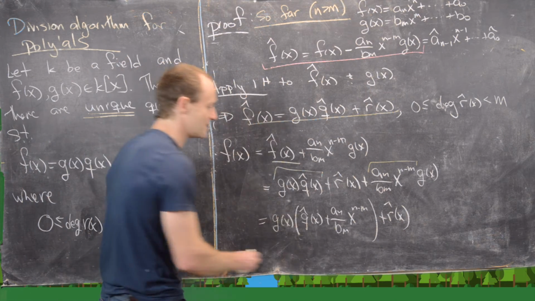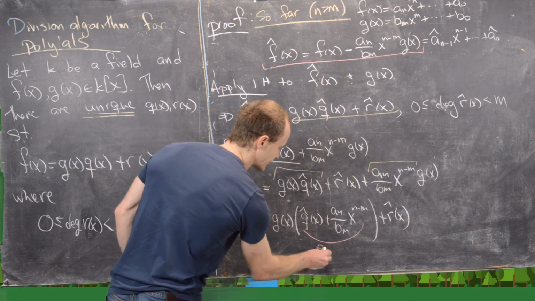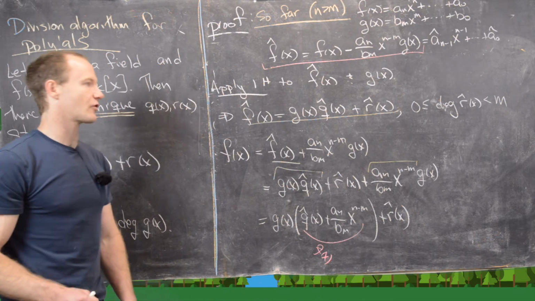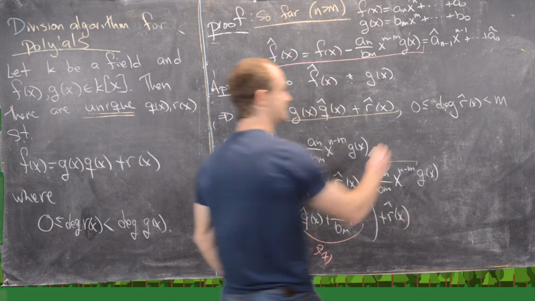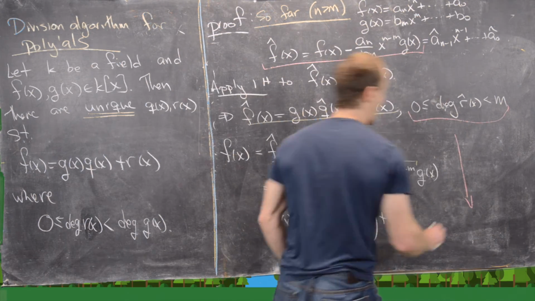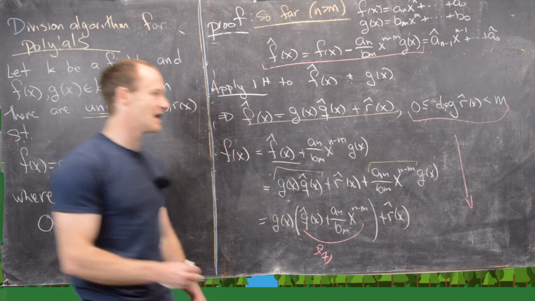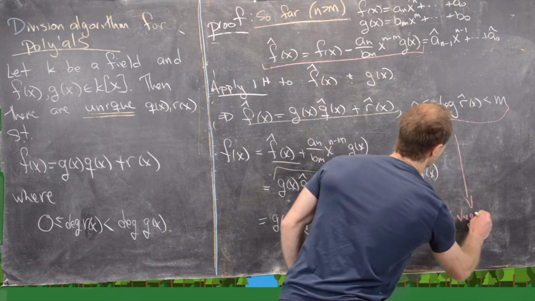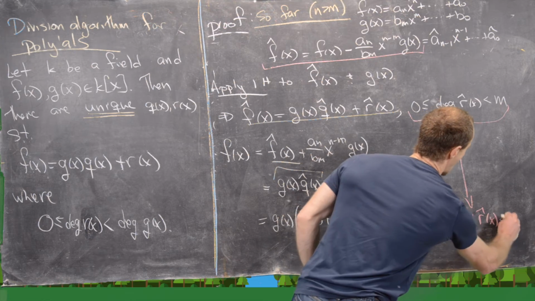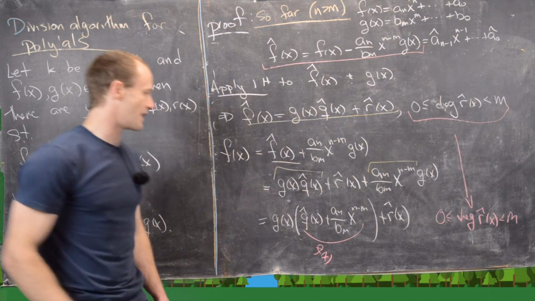But if we rename this quantity just plain old q of x, that can play the role of our quotient. And furthermore, since the degree of r hat of x is strictly less than m, this r hat can still play the role of our remainder. So we're good to go on that as well.